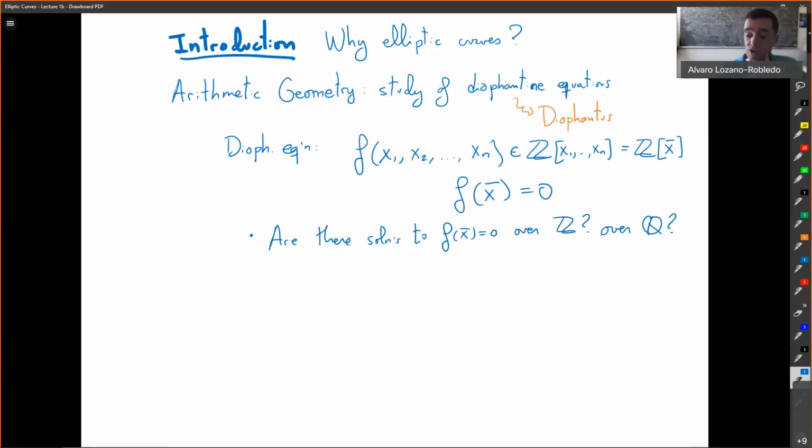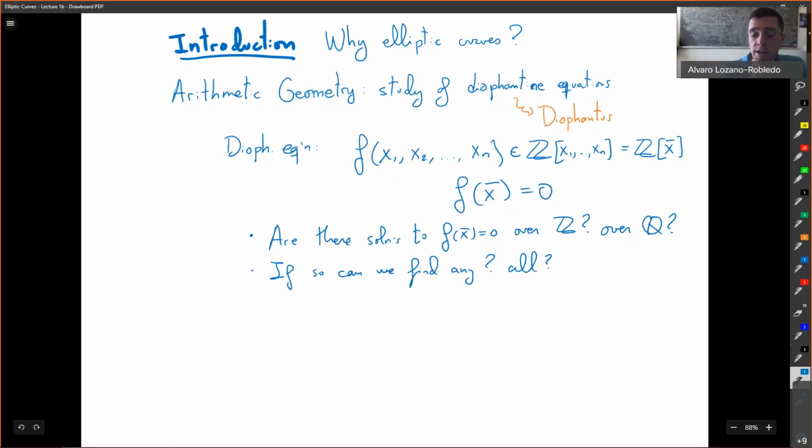But mostly we're interested in the integers and the rationals, first of all. And if there are any, can we find any, and can we find all?